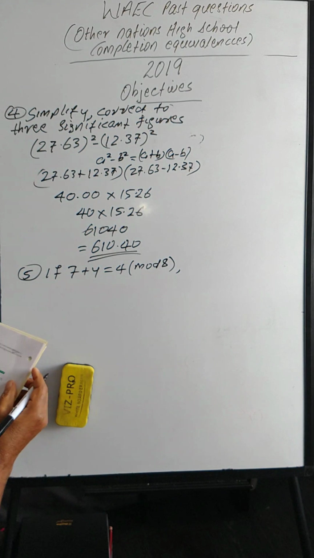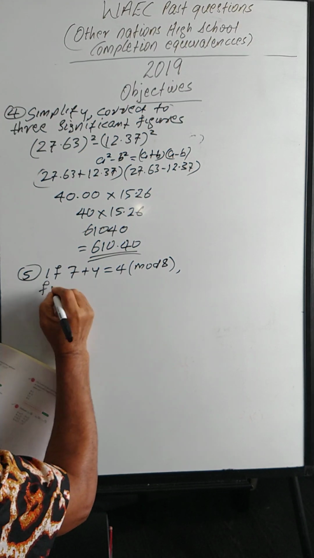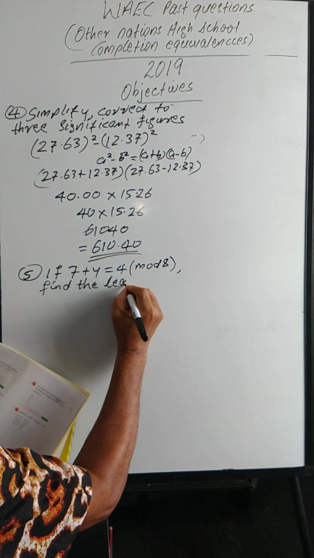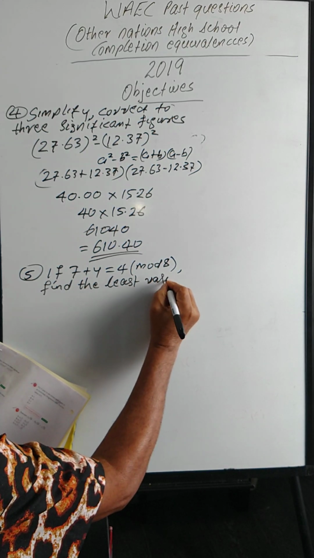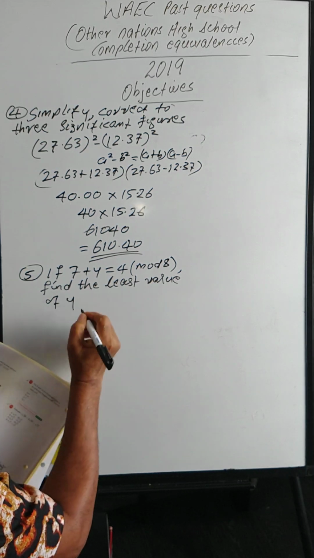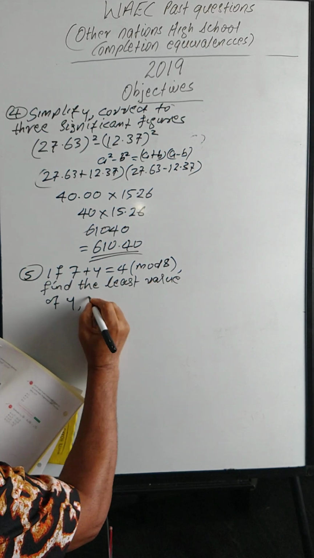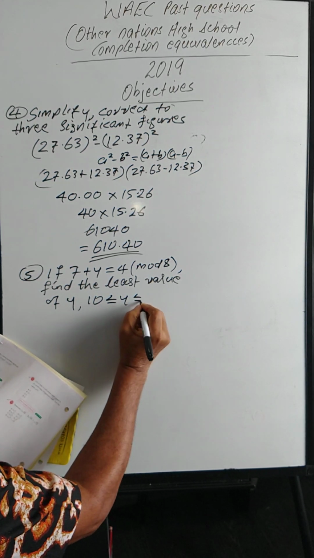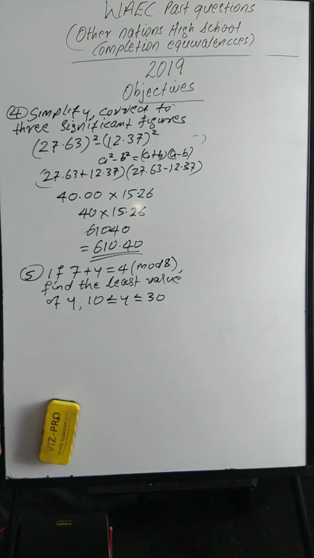We expected to find the least value of y. 10 will be less or equals to y, and y will be less or equals to 30. We expected to solve this, and that is a question on modular arithmetic.